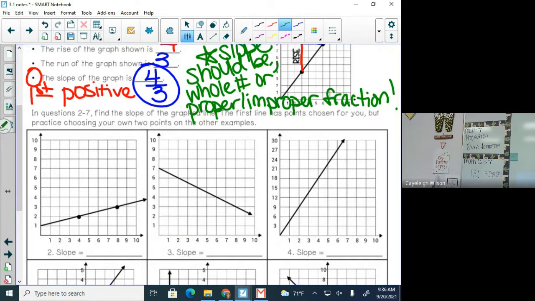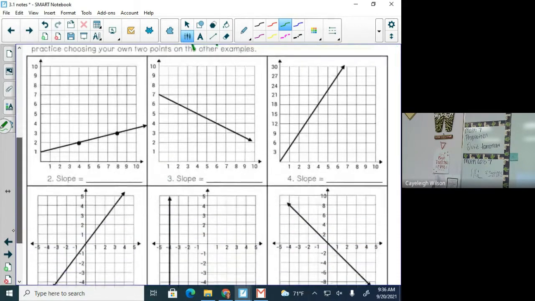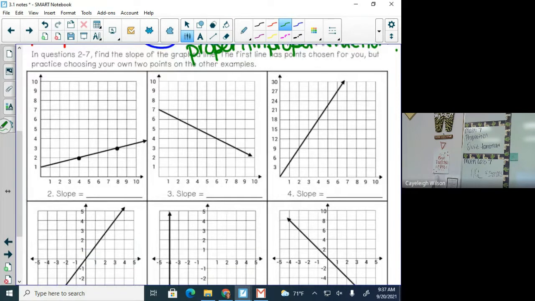All right, so it says in questions 2 through 7, find the slope of the graph line. The first line has points chosen for you, but you're going to practice choosing your own 2 points on the other examples. We're going to do a few of these together, starting with number 2. They already have 2 points chosen for me, right here and right here.